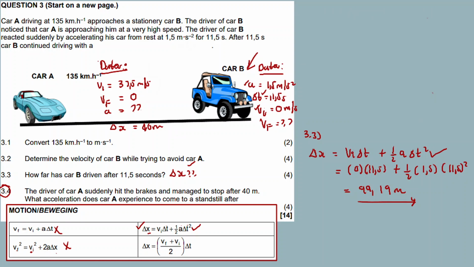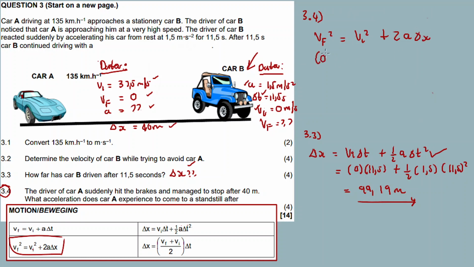Now, out of the 4 equations of motion, which one are we going to use? I want the one with initial velocity, final velocity, acceleration and delta x. It's this one. Final velocity squared equals initial velocity squared plus 2a delta x.